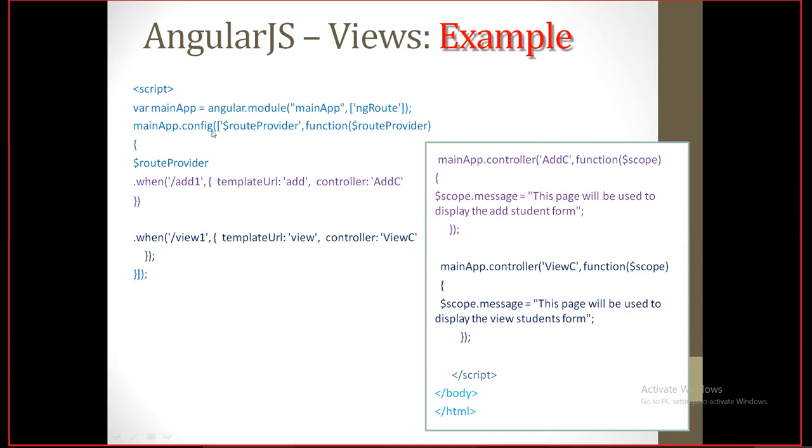Okay, so a reference for the mainApp application module will be in this variable mainApp, and then we want to configure that application module. What we mean by configuring is we want to provide some mechanism with which we can load the respective view. That mechanism is provided by the $routeProvider service.